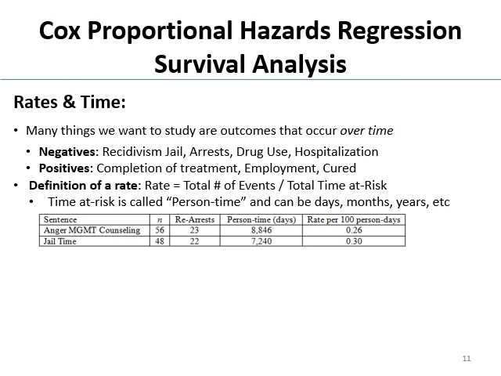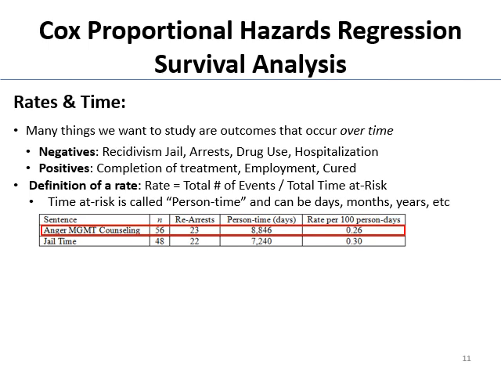So here is the data for that anger management versus jail time study for seeing if it affected rearrest for violence. Let's take a look at the first group, anger management. In the anger management group in this study, they enrolled a total of 56 people. So the judge assigned 56 people to the anger management group, of whom 23 were rearrested while they were under observation.